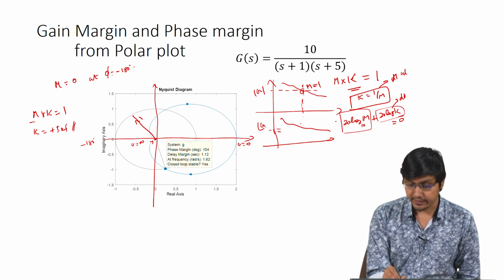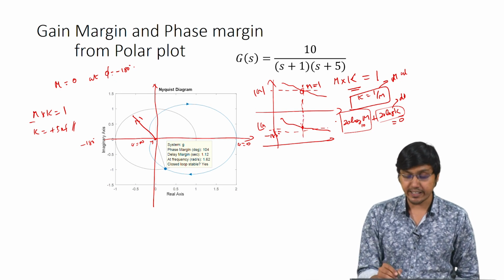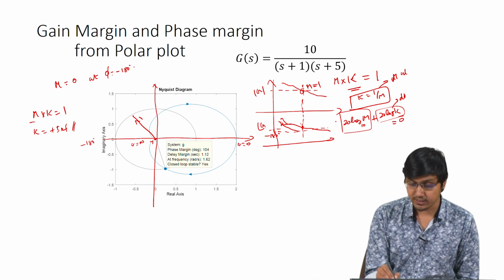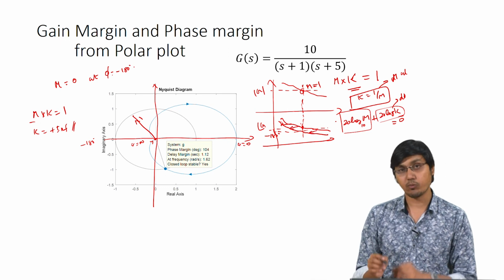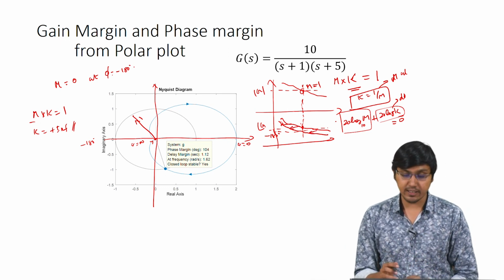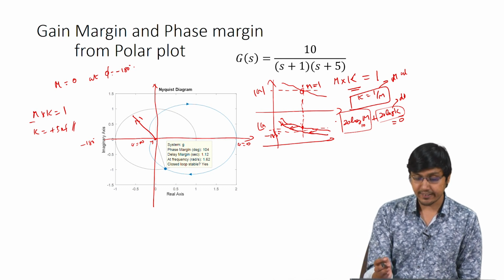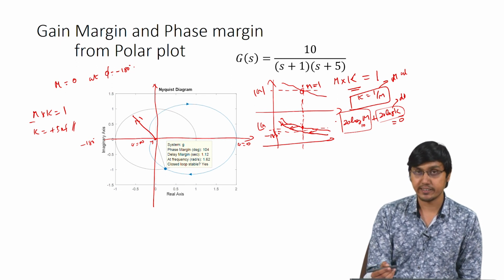This is the minus 180 degree line, somewhere I will draw it here. So, the angle at which M was 1 was equal to minus 180 degree.